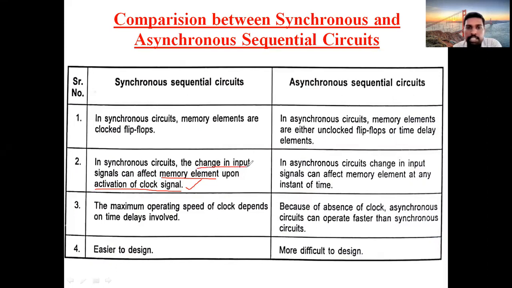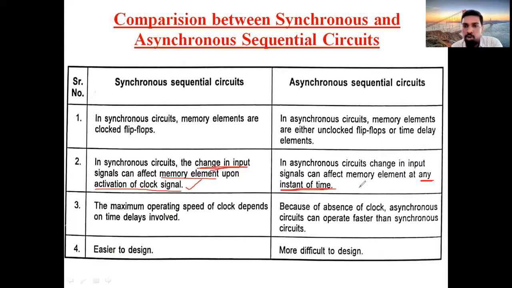But in asynchronous circuits, the change in the input signal can affect the memory at any instant of time, as each has a separate clock pulse. Each memory element does not depend on the others, so each will affect its particular output at any instant of time.